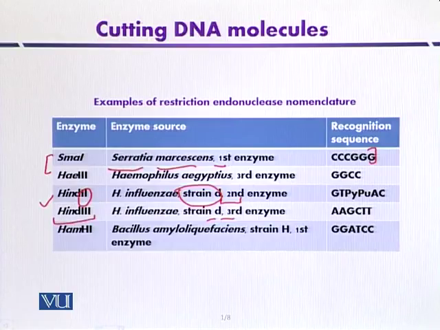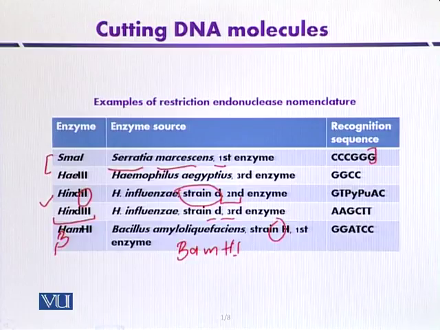Then another important enzyme is BamHI. B is from Bacillus, AM from amyloliquefaciens, and the strain is H, and it is the first enzyme that was isolated. So this enzyme is BamHI, and this is the recognition sequence, a 6 base pair sequence, GGATCC.